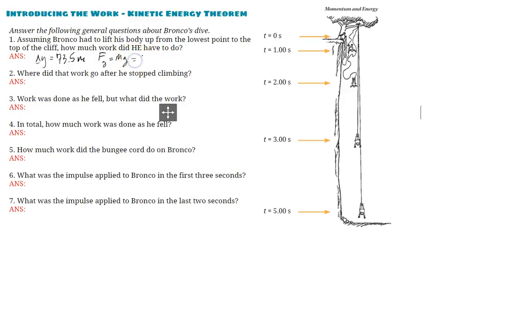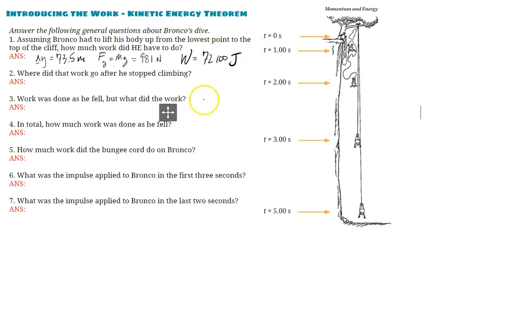And so we end up with a weight of 981 newtons. All we do is multiply those two together: 73.5 times 981 gives me 72,132.93 joules to 3 sig figs. So the work he does is equal to 72,100 joules.